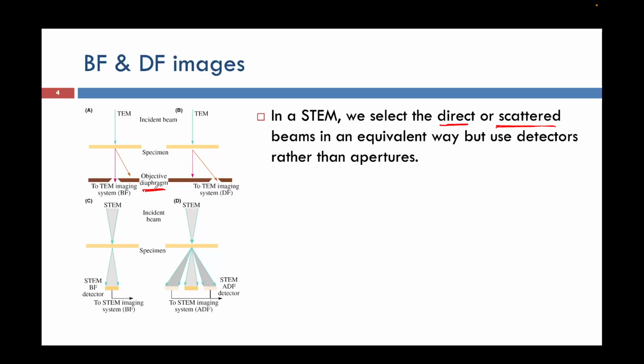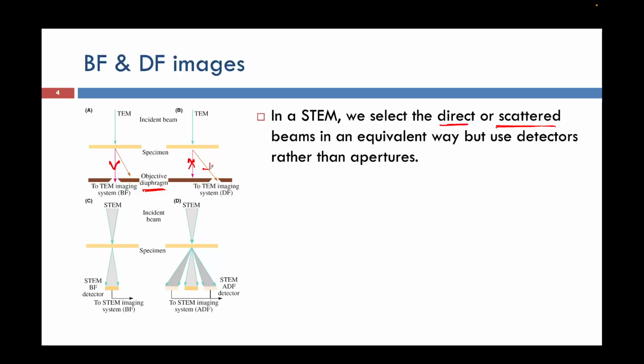So to get a particular intensity from a particular region, let's say I want to collect all the direct beam, then my aperture will be placed such that only the direct beam will be collected by my detector. If I want to collect the diffracted beam only and stop all the direct beam, then my aperture will be placed in such a way that all the diffracted beam will be collected by the detector.